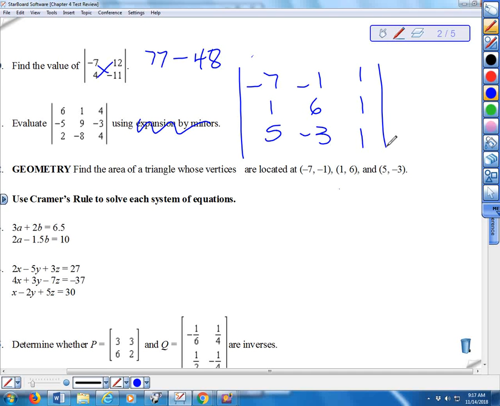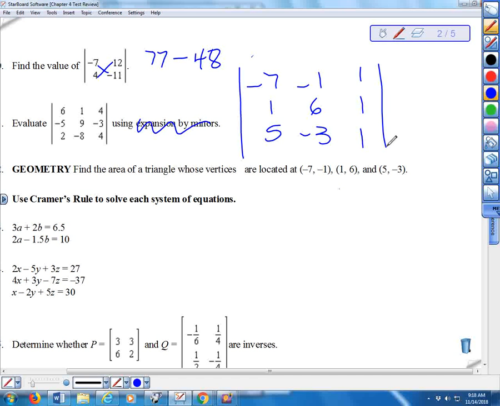Then clear my screen, go to math, determinant, bring that one in. I get negative 100. So that means my area is 50. Divide it by 2, make it positive. Everybody get that? We're all good?